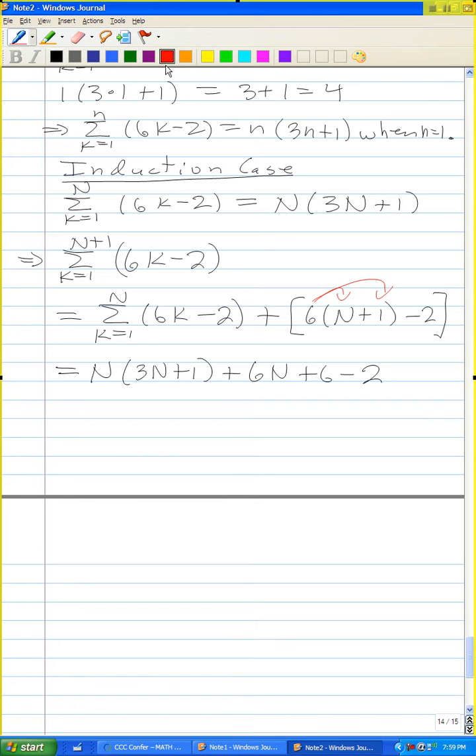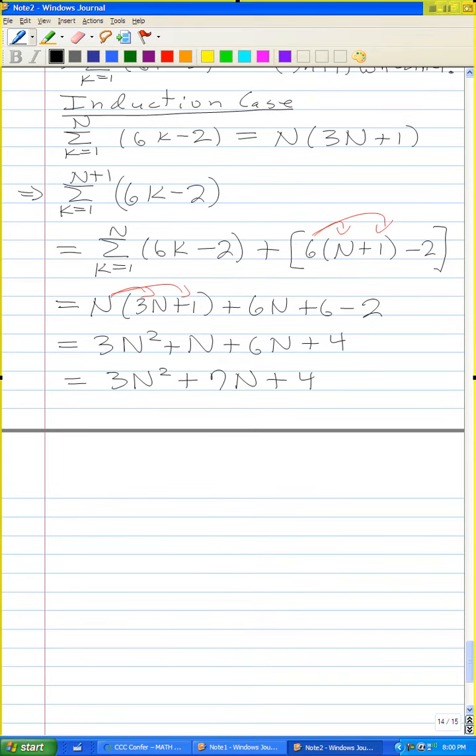And so let me multiply the n inside the parentheses. So I get 3n squared plus n plus 6n plus 6 minus 2 is 4. So this is 3n squared plus 7n plus 4.